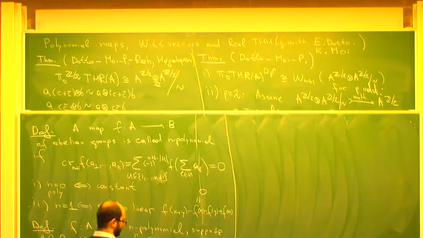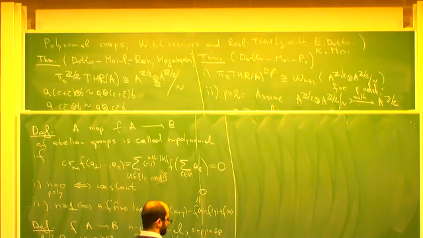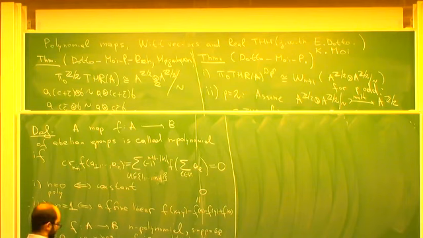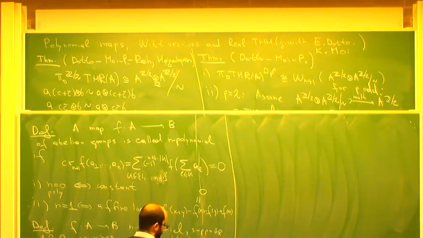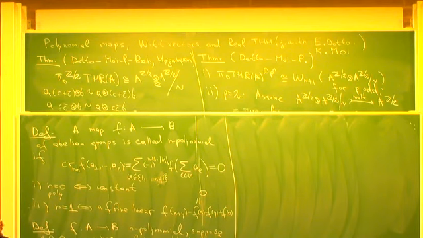Then f is a multiplicative and polynomial map if the multiplicativity conditions just obviously hold, but I don't ask that units are preserved. You don't have to say that f(1) is 1.